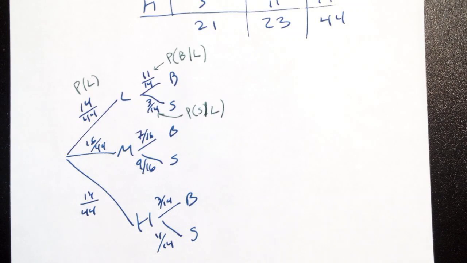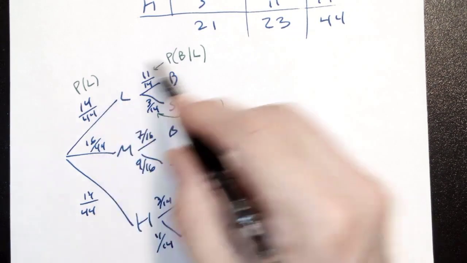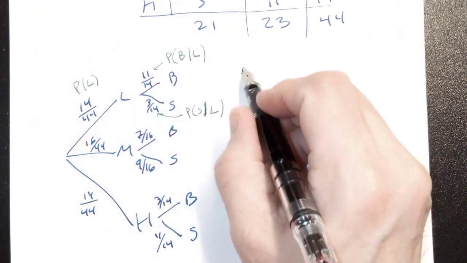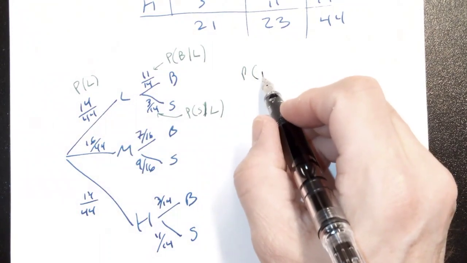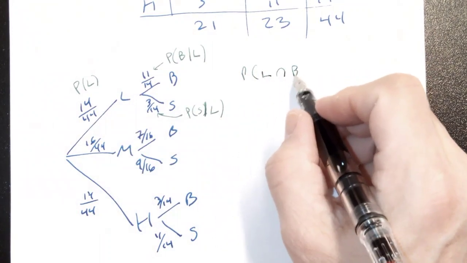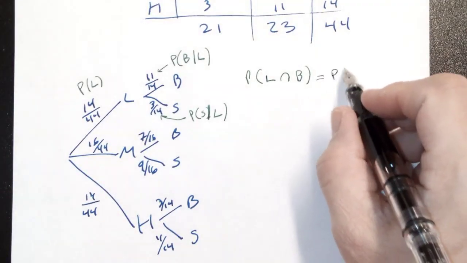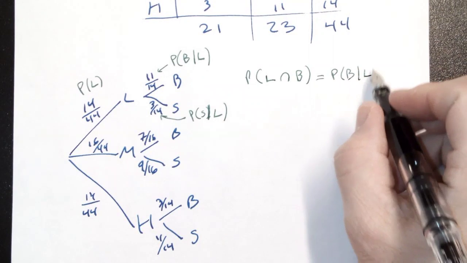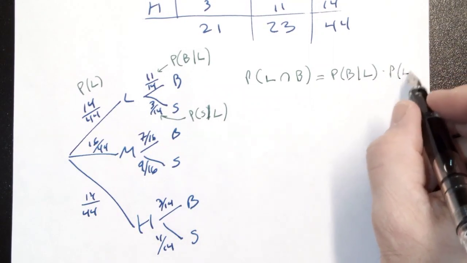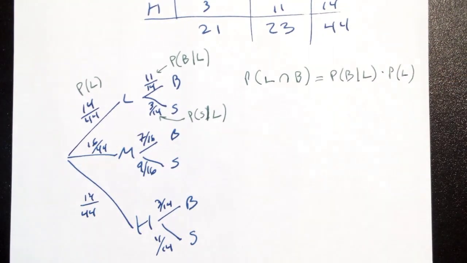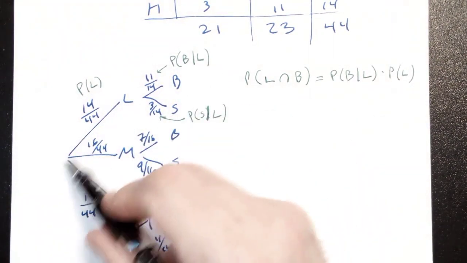Remember that conditional probability formula we mentioned earlier? If I take these and multiply them together, the chance of a low expense ratio and a bond fund is the chance of bond given low multiplied by the chance of low. I'm reading the branches.